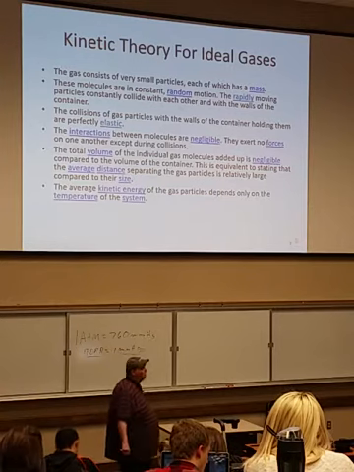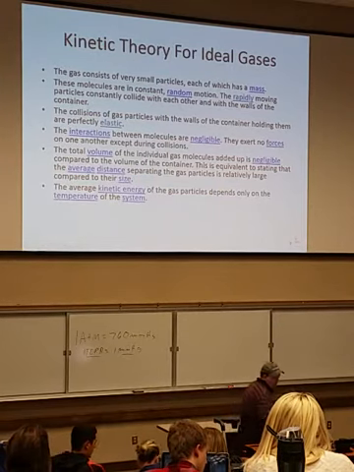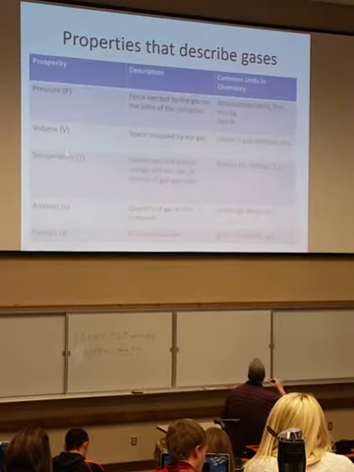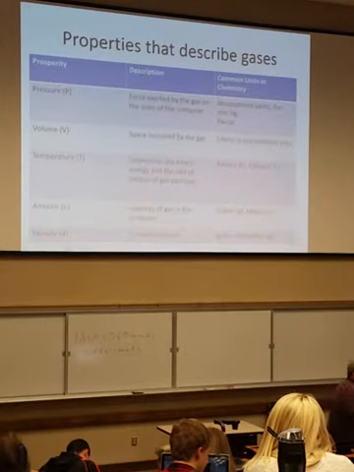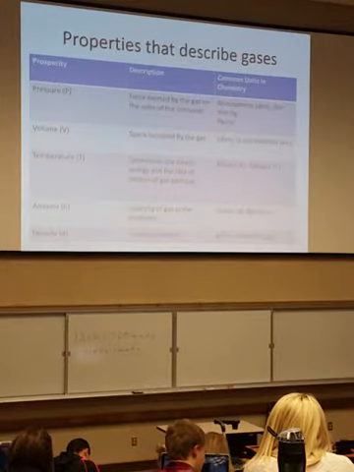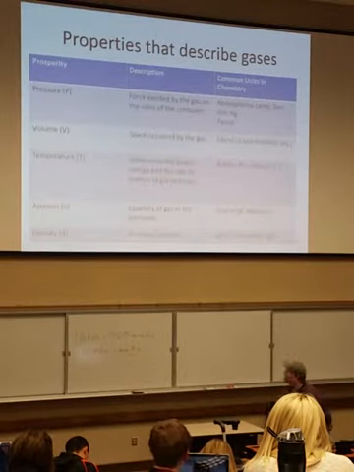Okay, so when we talk about gases, so pressure, then we have volumes. Volume is the space taken up by the gas. We're going to be using liters and milliliters for this.